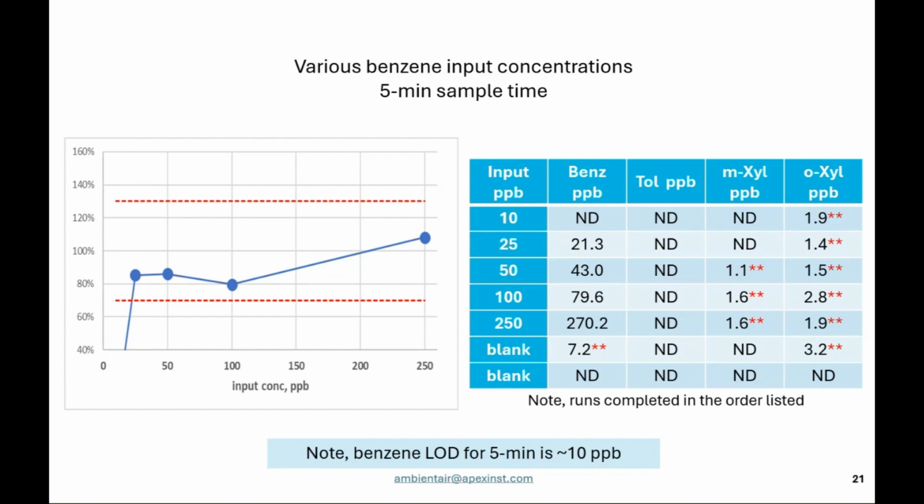We're seeing some slight underreporting for lower concentration samples and slightly overreporting of that 250 parts per billion sample. But overall, we're within or nearly within the plus or minus 30% of the theoretical value range for all of these tests. And the one blank sample we're seeing immediately after the run is just below the limit of detection.